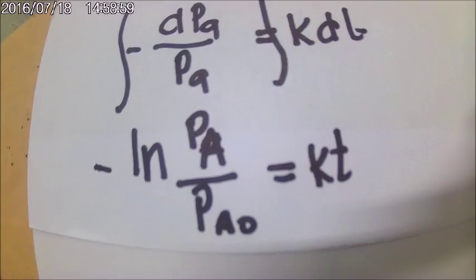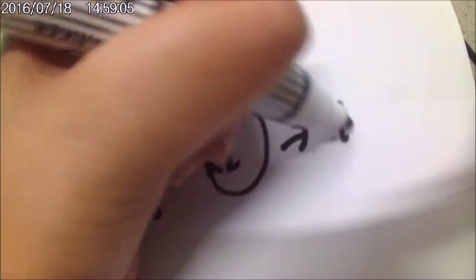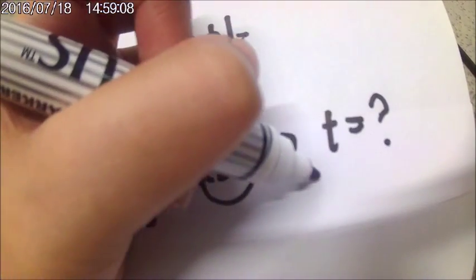So we can use this equation to solve for the time it takes to reach 3 atm. We are given that it has an initial pressure of 2 atm.